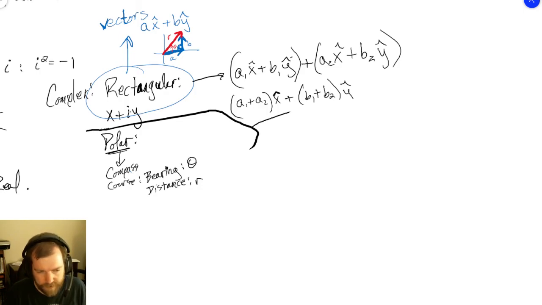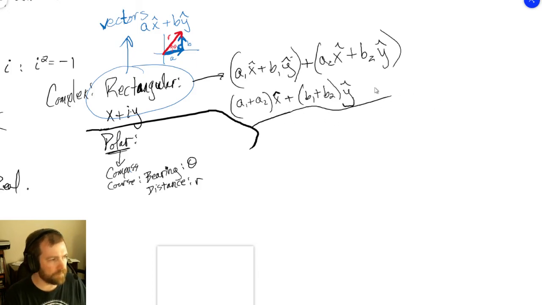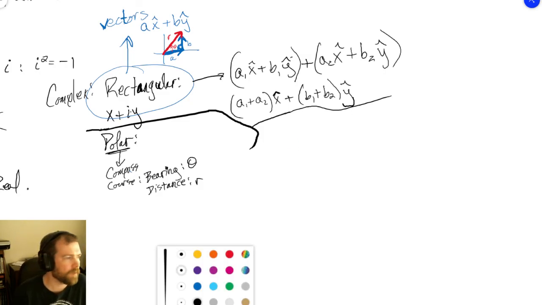It's trying to show you when you multiply vectors, how they all combine. And what is the cross product?